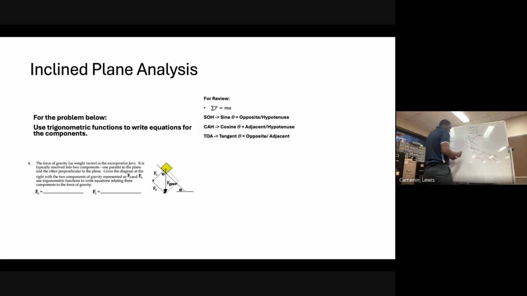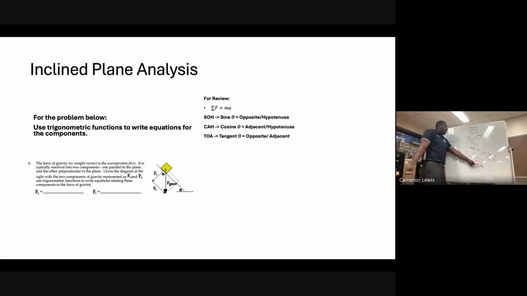Why does that matter? Because when I get here, sine of my angle is equal to opposite, F parallel, over my hypotenuse, mass times gravity.